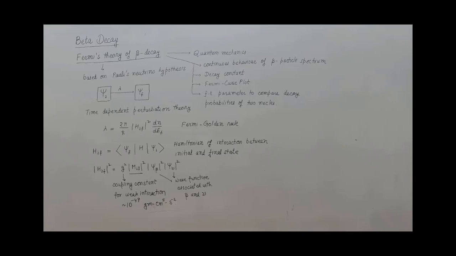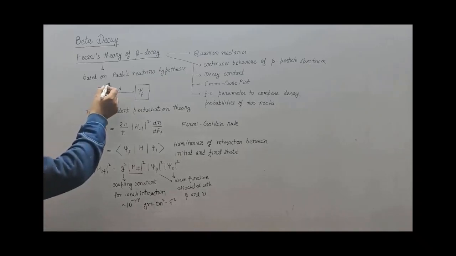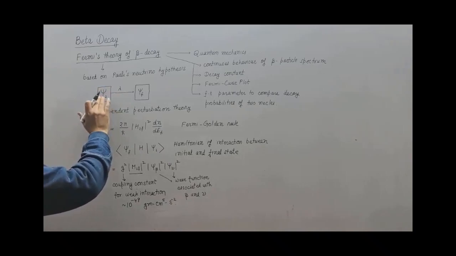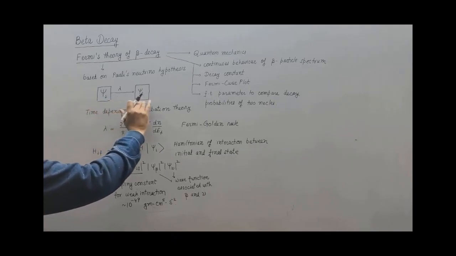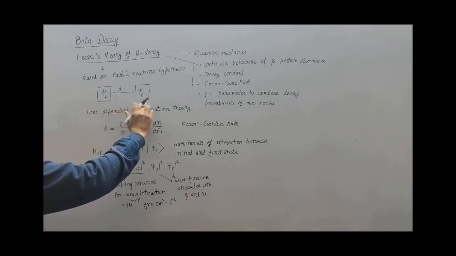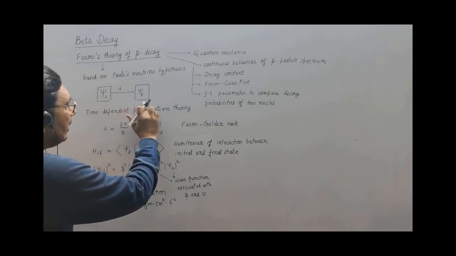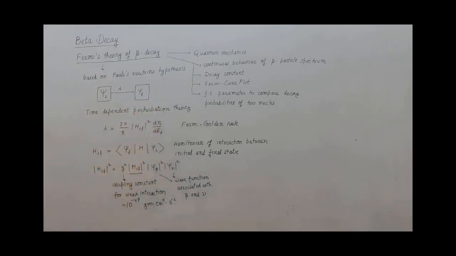So basically he found the decay probability on the basis of the overlapping of this psi I wave function, the perturbed wave function of the parent nuclei, with the large number of states available in the final state.